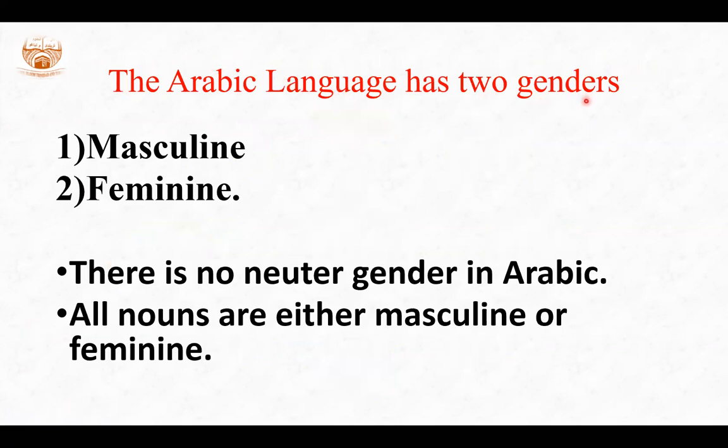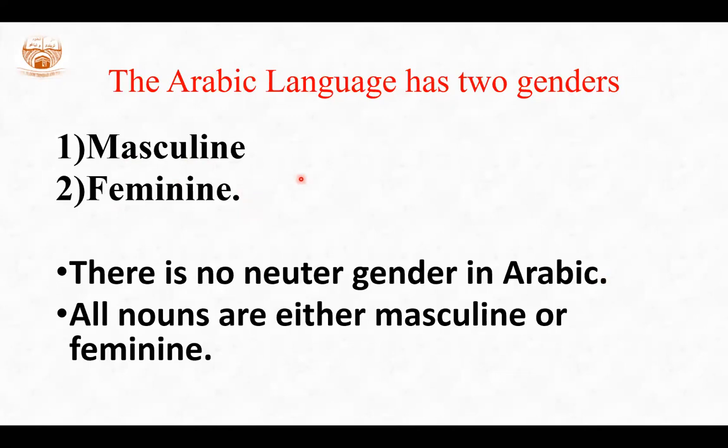It expresses different aspects of gender, case, number, and so on. Let's get these fundamentals out of the way. How many genders does Arabic have? Two, masculine and feminine. We mentioned this last week. There is no neuter gender in Arabic. So you say masculine, boy, feminine, girl. In English, we might have a gender called neuter gender, like book. A book is neither masculine nor feminine. It is a neuter gender. But in Arabic, we say a word can either be masculine or feminine. There is no neuter gender.